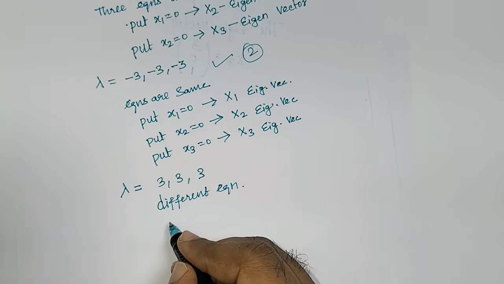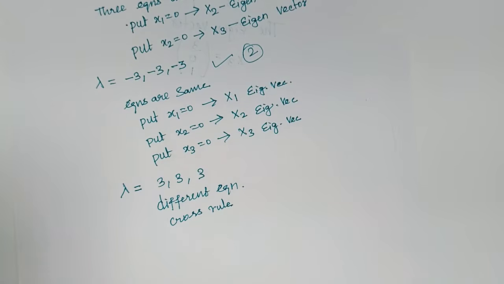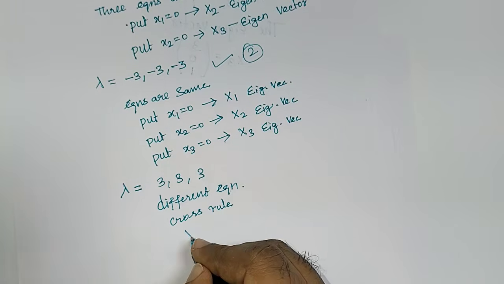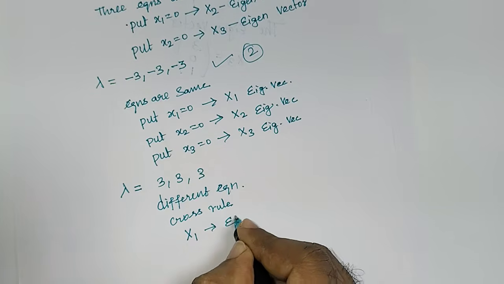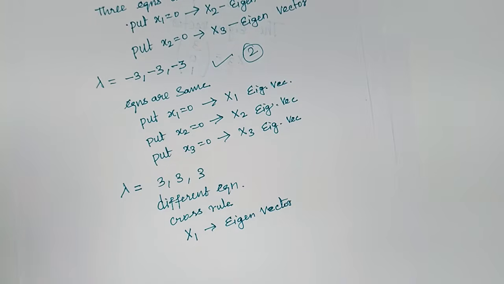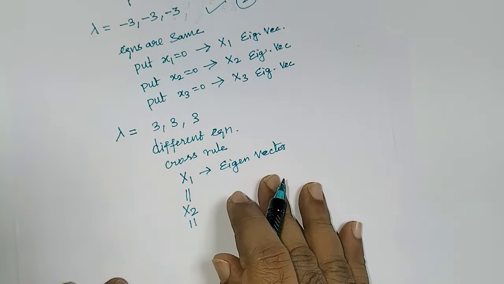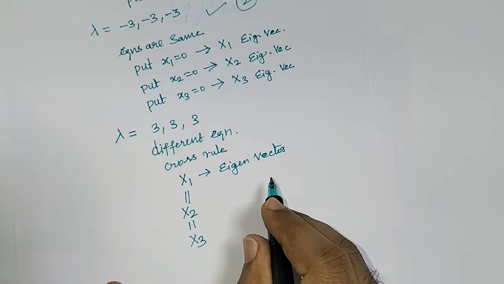In this case, you can apply the cross rule method, and you will get the eigenvector of x1. How do we find the remaining x2 and x3 eigenvectors? Since the equations are different, we will get only one eigenvector. The rest of the two we cannot find separately. This is one model.